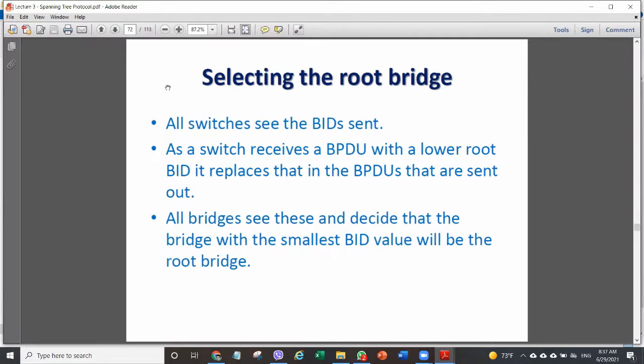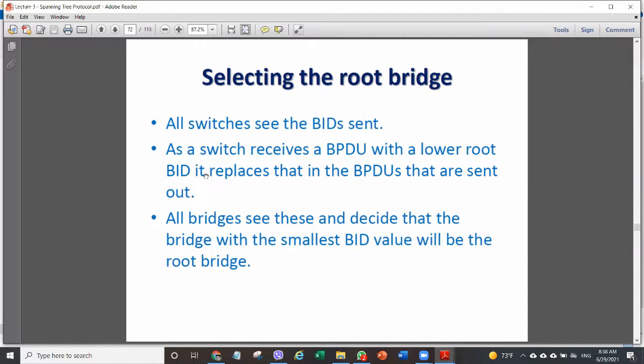So with that, the switch receives the BPDU with the lowest root bridge ID. That means once it receives the BPDUs and compares them with the lowest root in the root bridge ID section, it replaces it when it produces the BPDUs once again, or when transferring it through the switch.